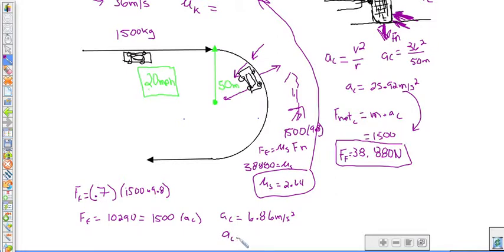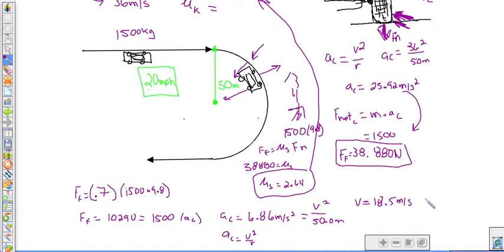Well, acceleration of centripetal we know equals velocity squared divided by the radius. So I can take this acceleration of centripetal and figure out my velocity, because I know my radius is 50 meters. Multiply 6.86 by 50, then take the square root of that, and I'll find that my maximum velocity to stick on the road and not slide off is 18.5 meters per second.